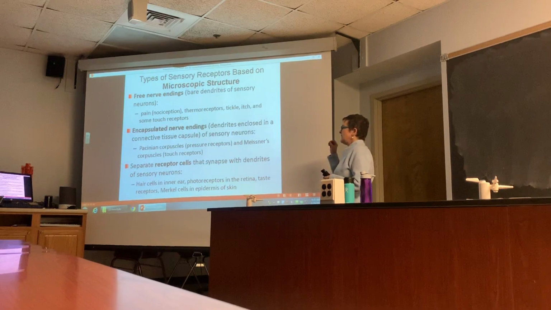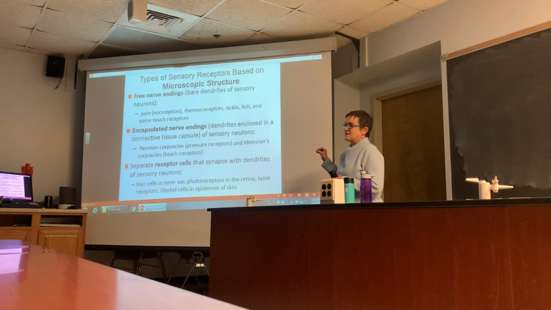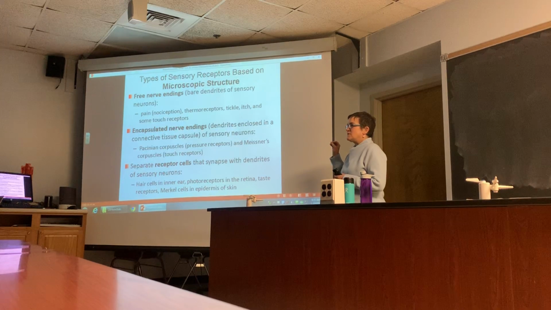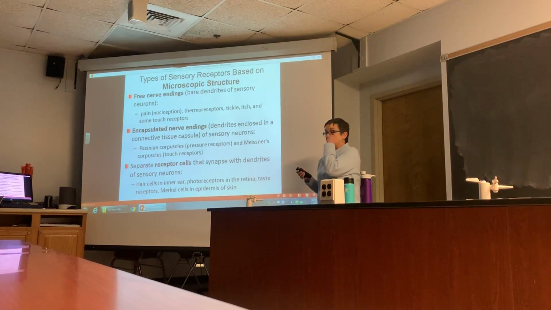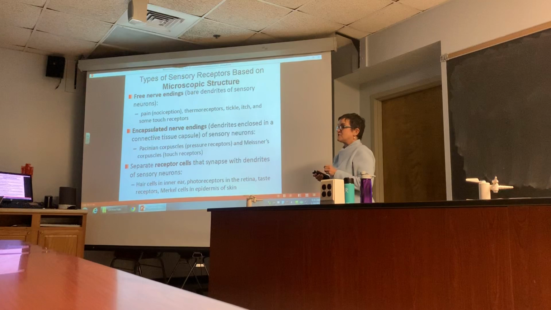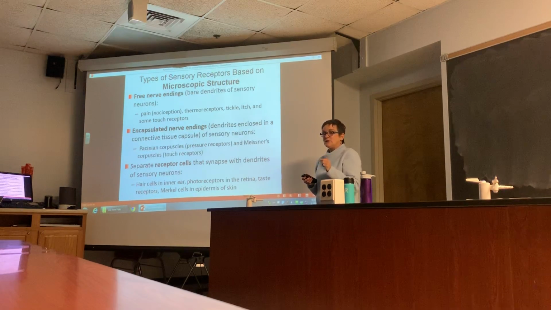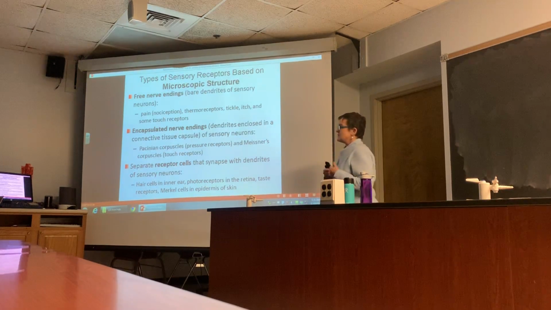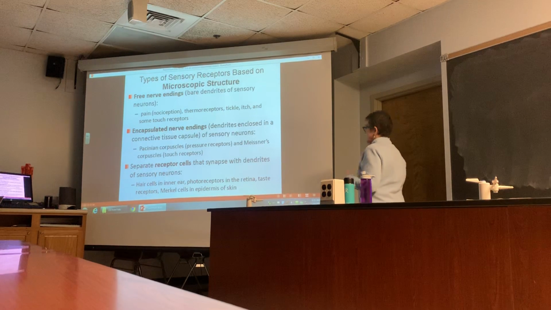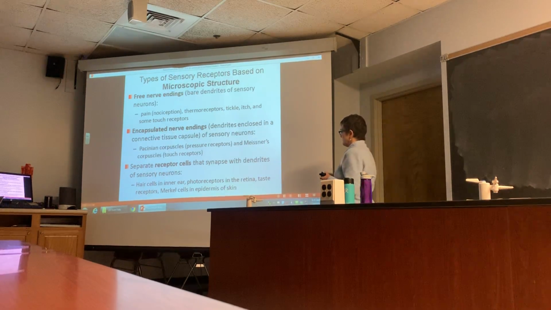And then you have a category of sensory receptors where the receptor is not in the dendrite itself, it's in a separate cell. The receptor is a separate receptor cell, and when it's stimulated, it will in turn stimulate the dendrites of the sensory neuron by releasing neurotransmitters. So these are cells that produce neurotransmitters in response to stimulation, and that in turn stimulates the sensory neuron.